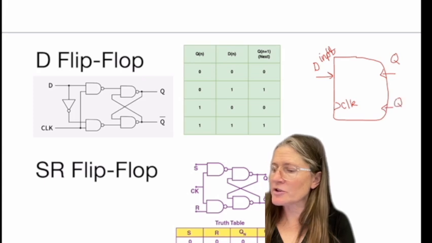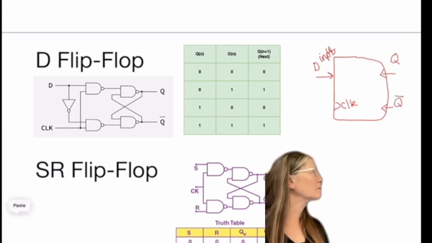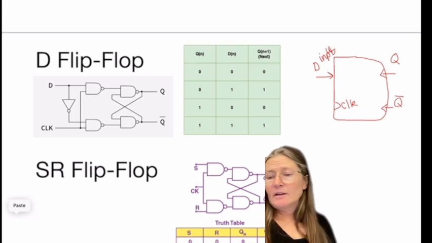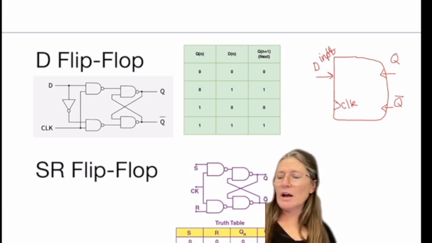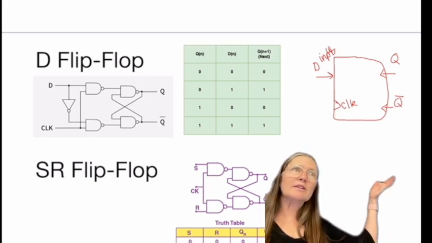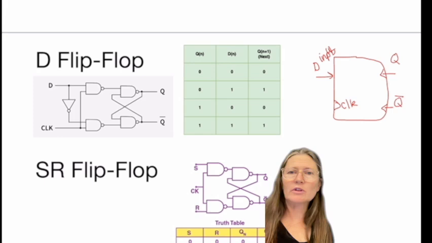And the Q bar is just literally the opposite of the Q. So it's one of the simpler ones. As you clock, whatever is at the D input goes to the output.